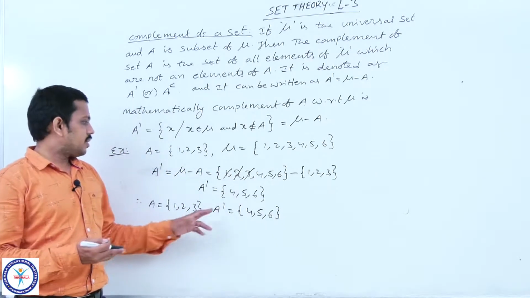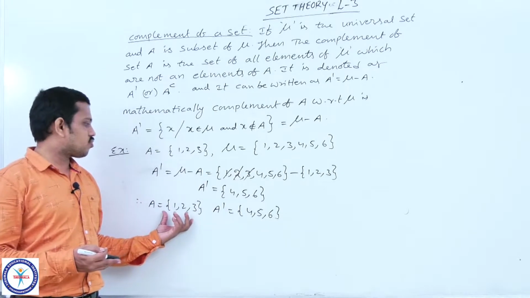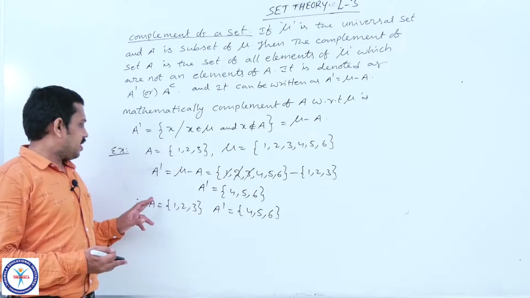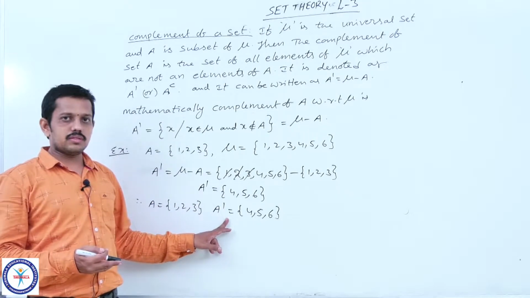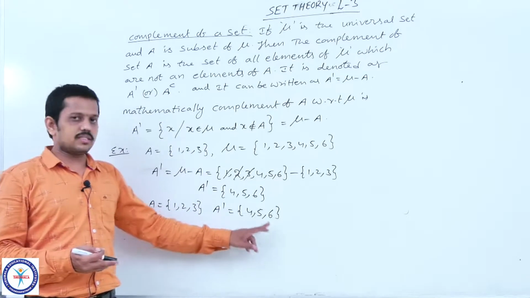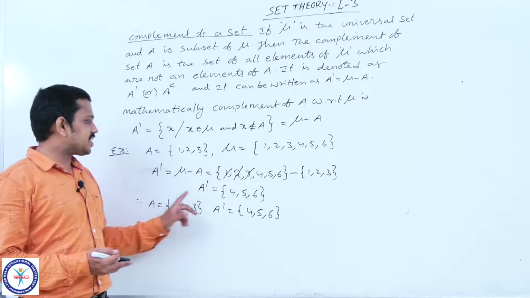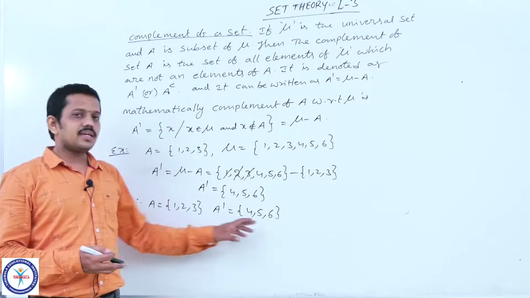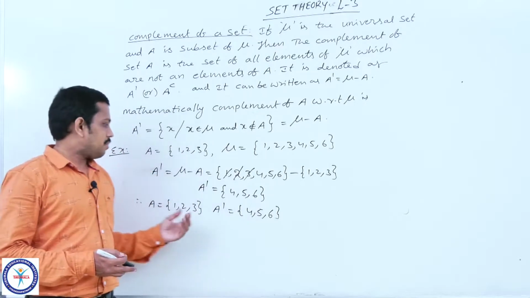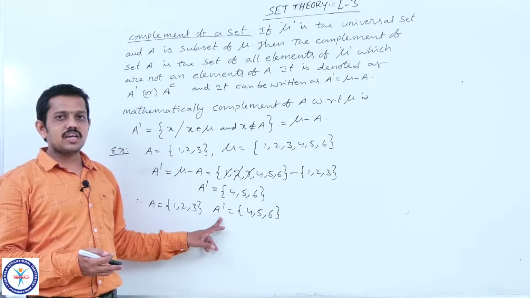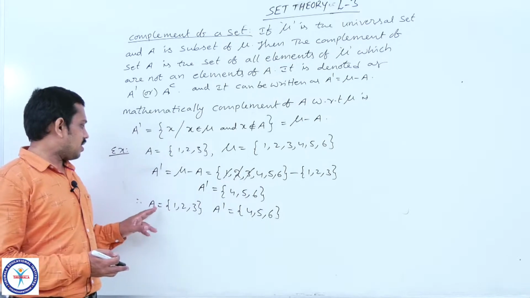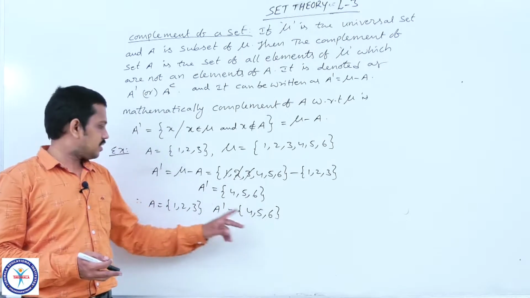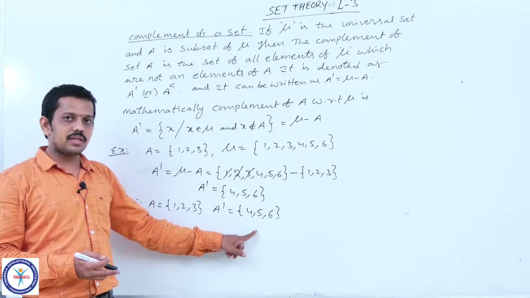So therefore, A complement is 4, 5, 6 and A is equal to 1, 2, 3. From these two, what we observed is that A and A complement are both disjoint sets, because A intersection A dash is equal to the null set. So both are disjoint sets and the intersection is the null set. Suppose we take the union of these two sets, A union A complement.